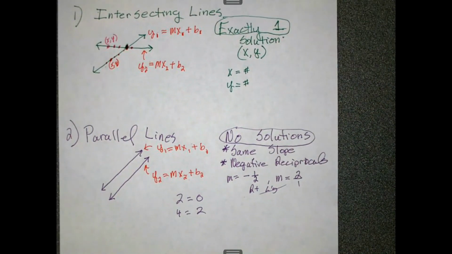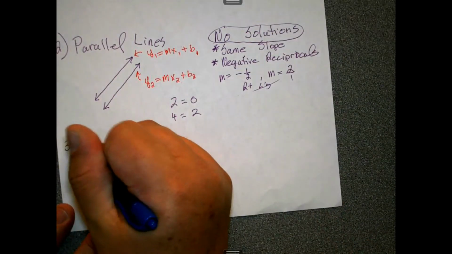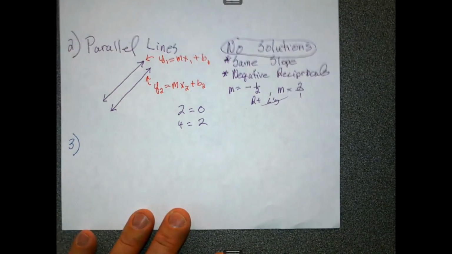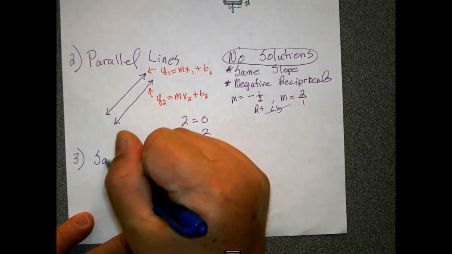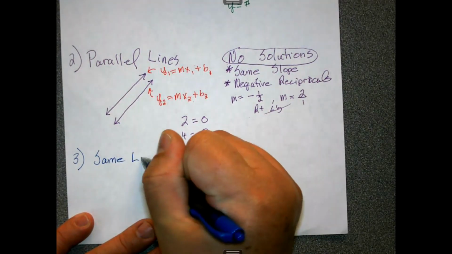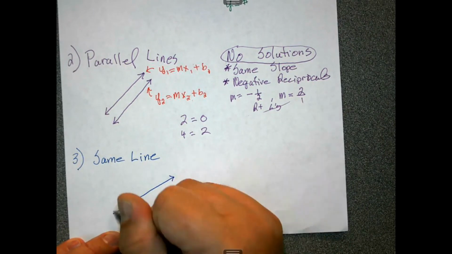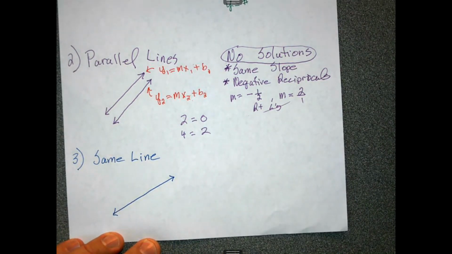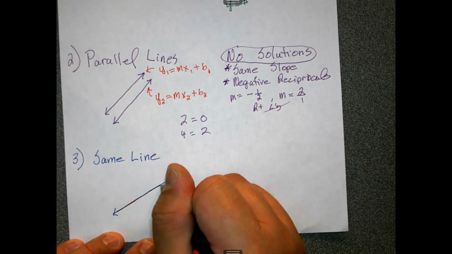There's a third scenario, right? Anybody remember? They're the same line. In other words, I have a line, and then I have another line that's right on top of this, the same line.